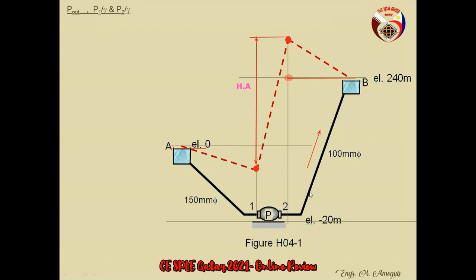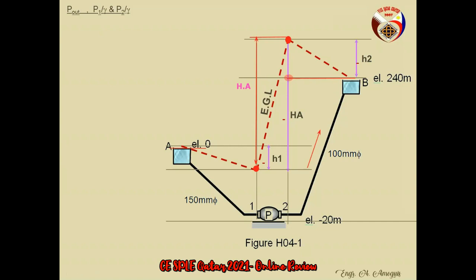Here, there is friction loss in the pipe; although the length is not stated, the amount of head loss is given. So this dashed line is the energy grid line. The vertical difference of the energy grid line between A and point 1 is the head loss from A to 1. So these are measured vertically: H1, the head added, and H2, which are given in terms of the velocity head.